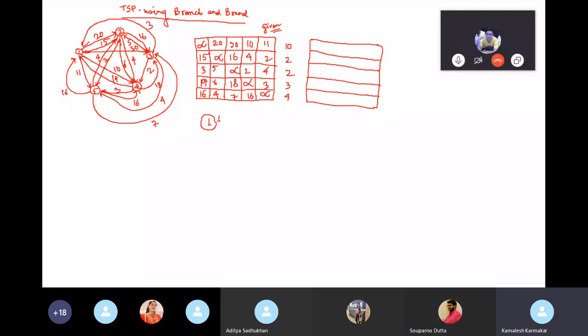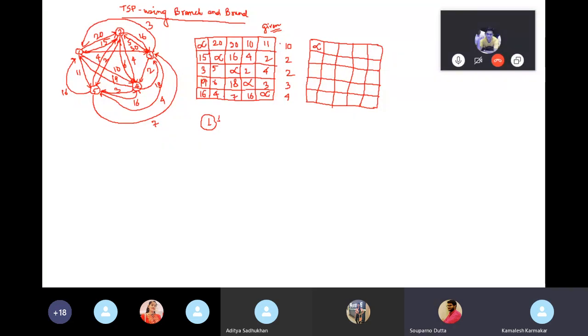If we want to reduce it, then deduct these values from this matrix. For the first row, infinity minus 10, again this value is infinity. Then 20 minus 10.